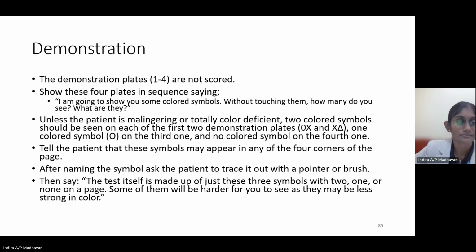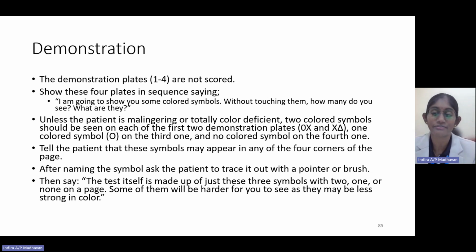Okay. So what you have to tell the patient is that these symbols will appear in any of the 4 corners of the page. All the pages will have 4 corners. They just need to tell you how many they are able to see and what the symbols are. After naming the symbol, ask the patient to trace it with the pointer or brush.